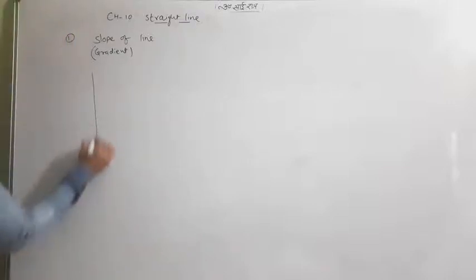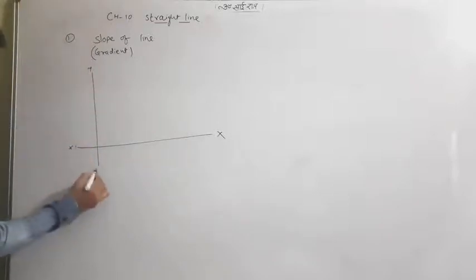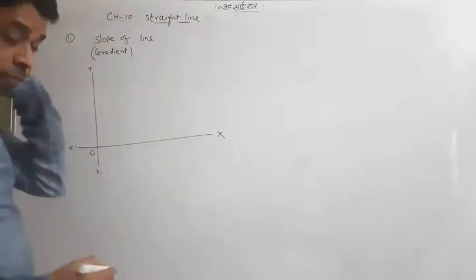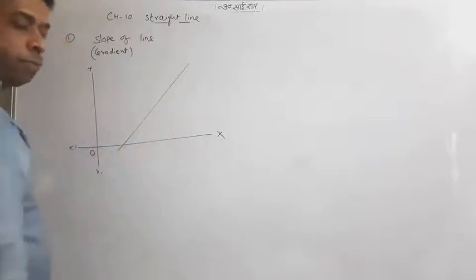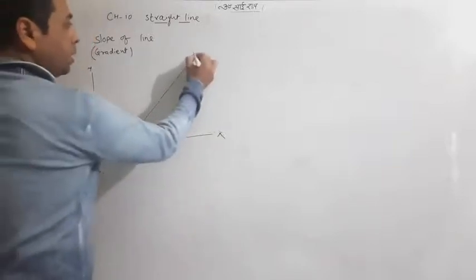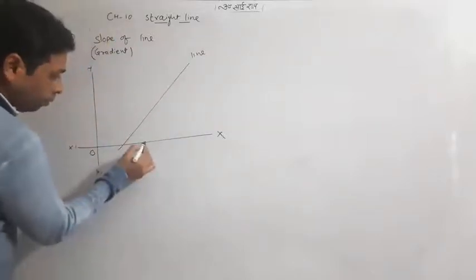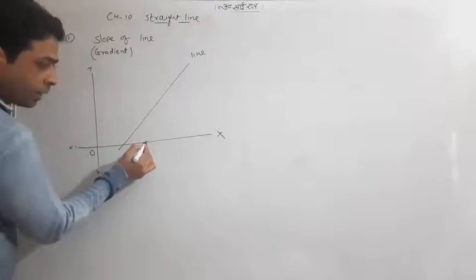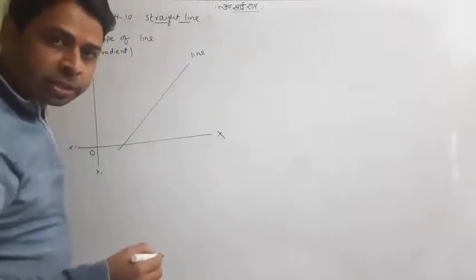We have two axes, x axis and y axis, and we talk about a line. Focus on the line which cuts the x axis and makes an angle with the x axis.